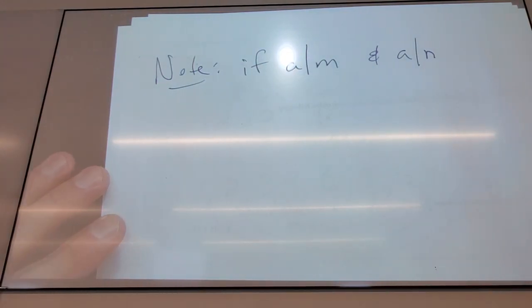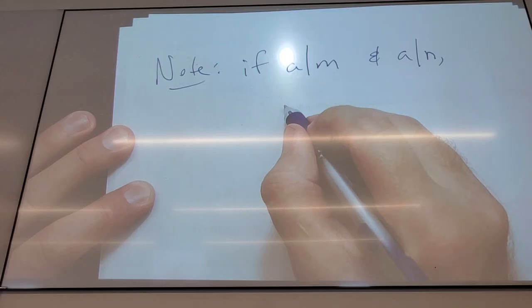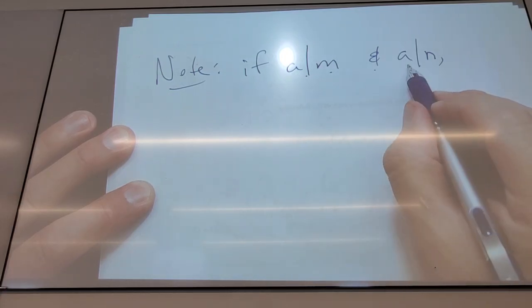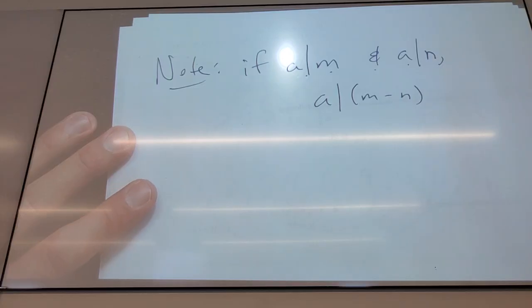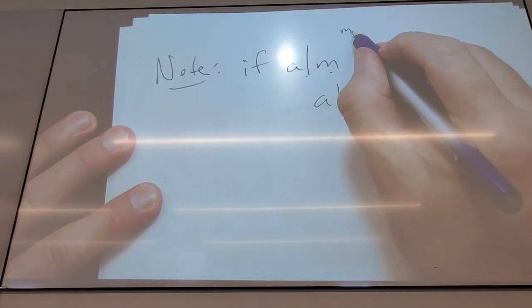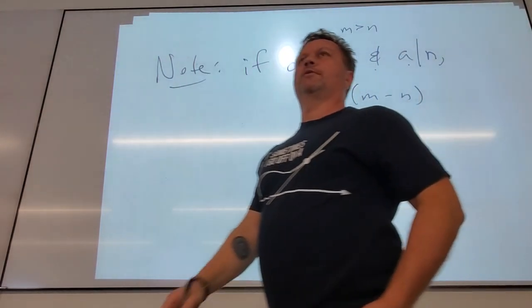Okay, so something is going to happen. I'll tell you what the answer is, and then we'll prove it. If A goes into this number and A goes into that number, A goes into the difference of the two numbers. And real quick side note, we're just assuming M is the bigger number. Is that okay? So the difference comes out positive? In general, it doesn't matter, but that's okay.